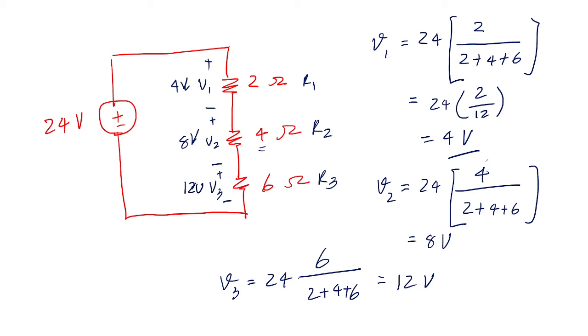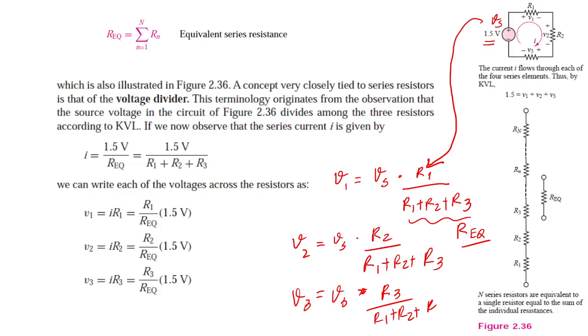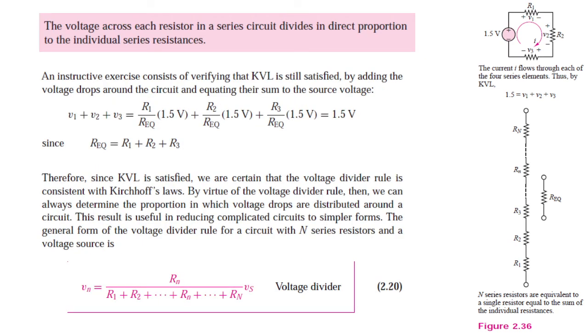But with this method, you can get the voltage across each element directly by using the voltage divider rule. It's useful for many computations. Okay, this is the voltage divider rule.